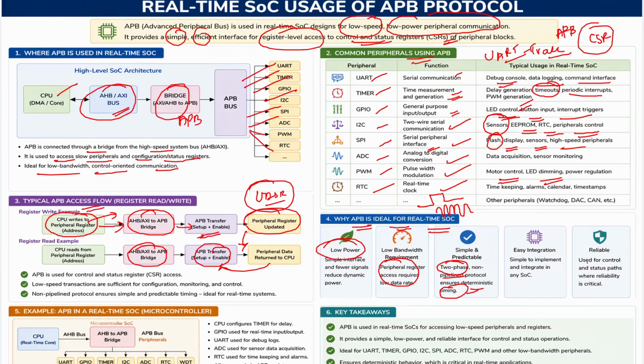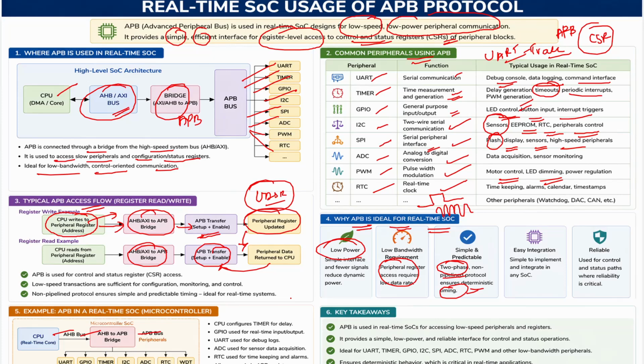So why do we use the APB protocol? For reusability and reliability. These are the real-time examples: CPUs and the AHB bus, APB signals, and APB peripherals like UART. Understood?